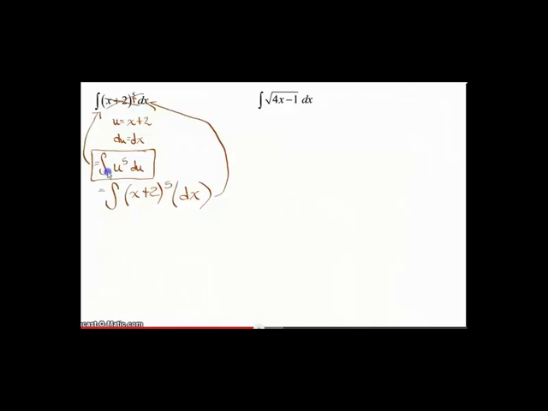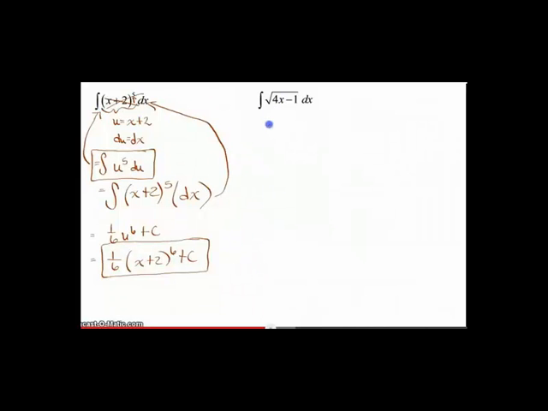And then we can just apply whatever of those last rules that we talked about to find the antiderivative of that function. And then the last step is to substitute back in for what our choice for u was. And we're guaranteed this will be the antiderivative of the original function that we were given.